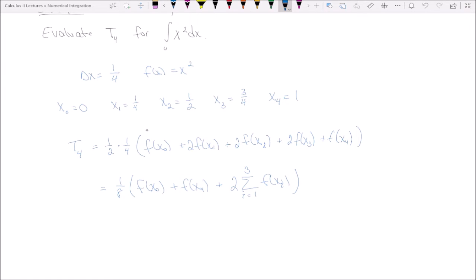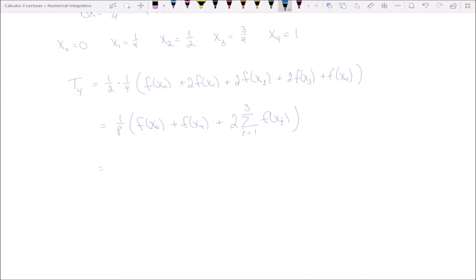But f of x sub i we can rewrite. So x0 is 0, x4 is 1, summation i equals 1 to 3, 2 times that. f of, so x sub i would be 0 plus i times delta x.